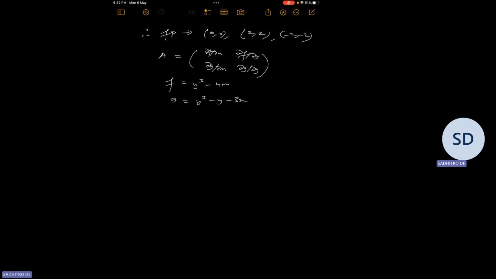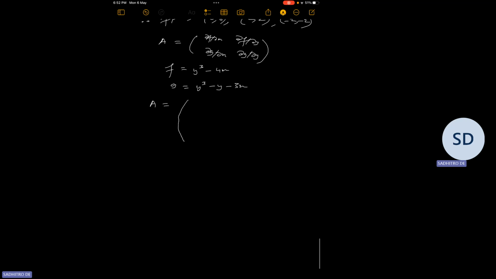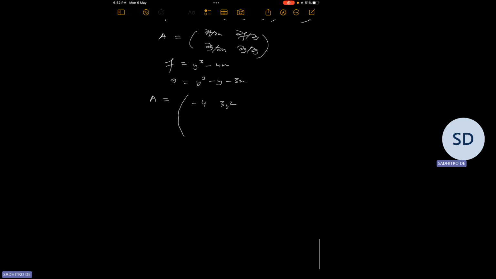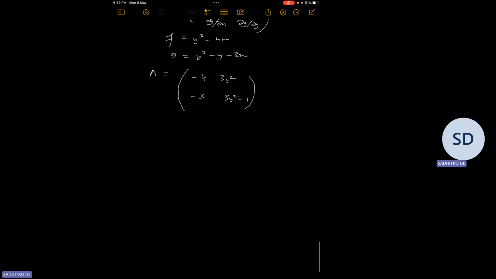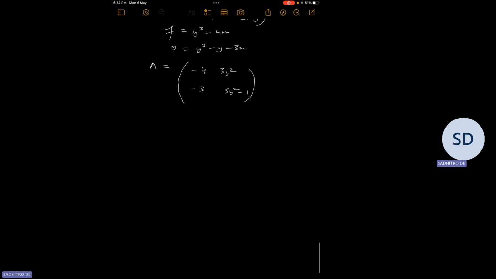So basically, then the matrix A is basically given by delta x would be minus 4. So we have to evaluate the matrix A at the different fixed points.